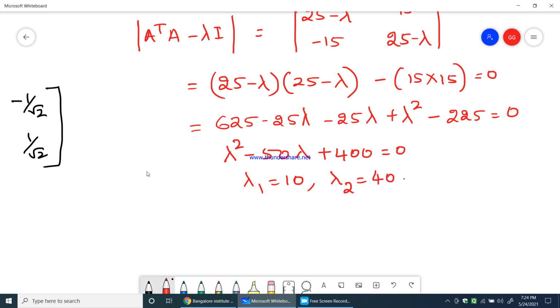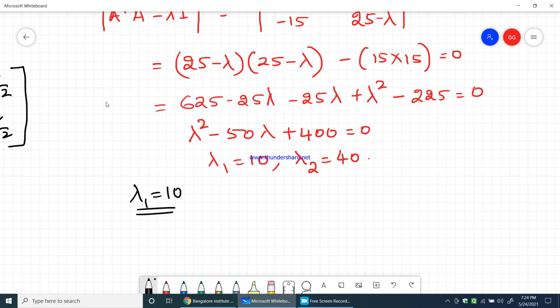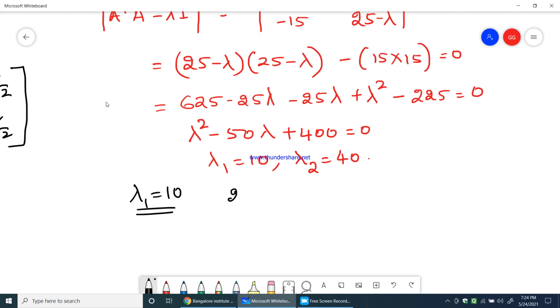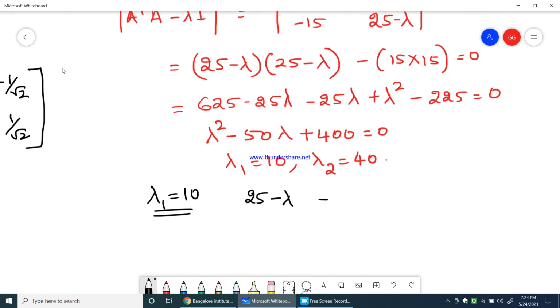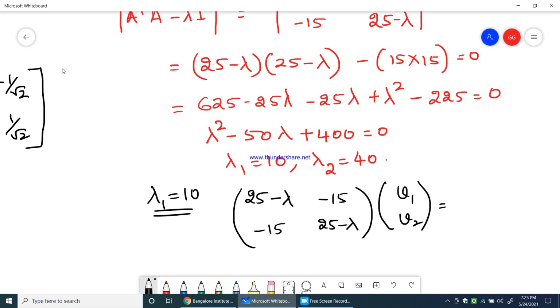Now let us find out the vectors. When lambda 1 equals 10, what would be the vector? It is A transpose A minus lambda I, which is 25 minus lambda, minus 15, minus 15, 25 minus lambda, multiplied by v1 v2 equals 0.